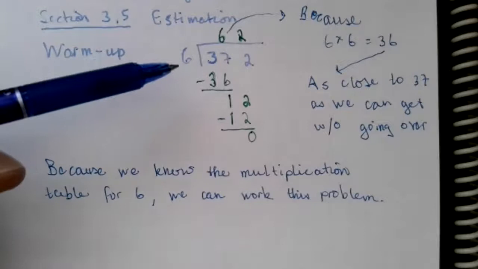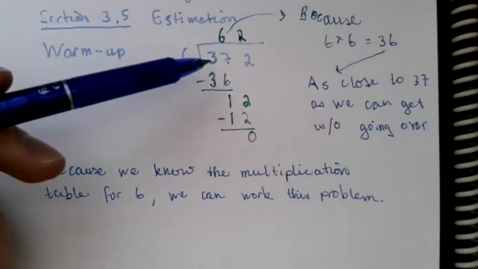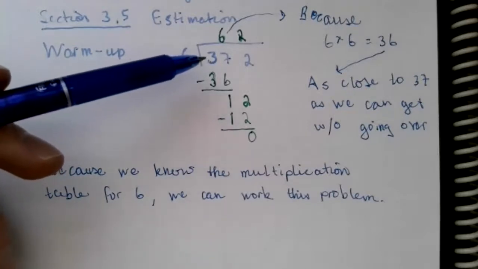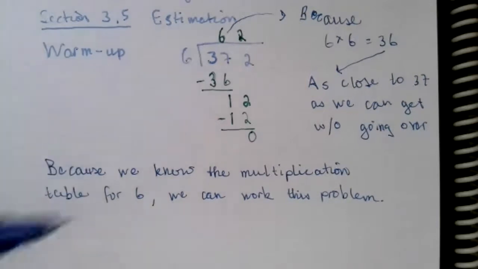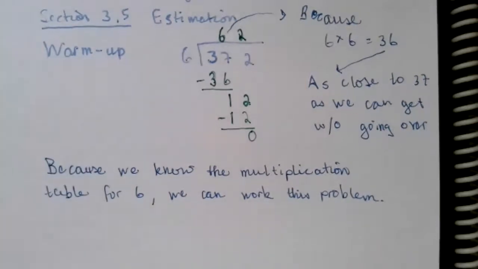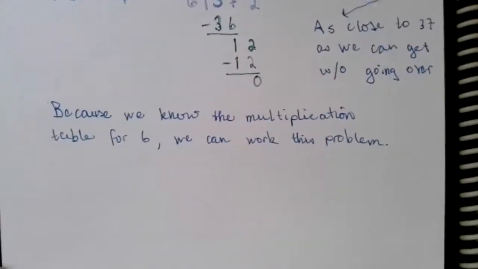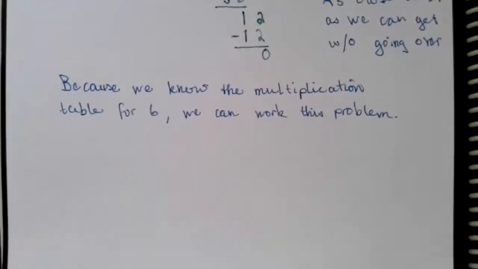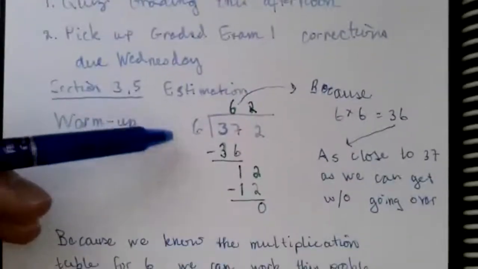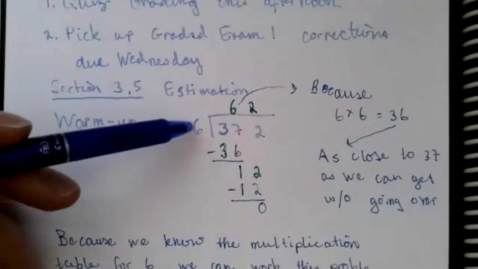Okay, because we know which multiple of 6 will get us closest to 37, we can do this. Now, if you remember from last time, we had discussed the stages for teaching the long division algorithm. The first stage is dealing with single digit divisors.